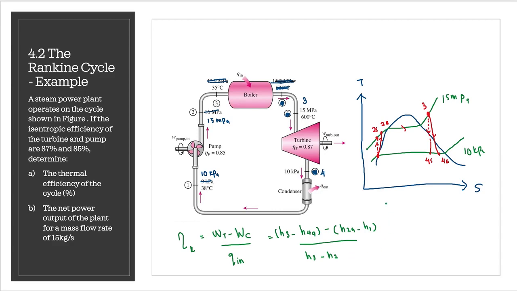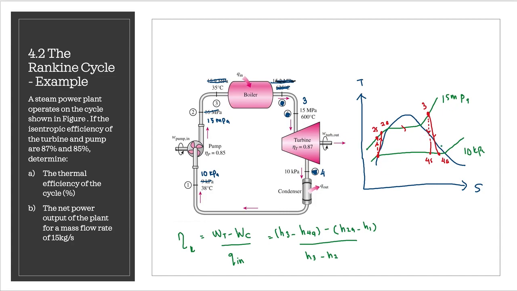Before we proceed, we have to sketch the TS diagram. How to sketch the TS diagram? First thing first, you have to draw a dome because this problem is about a steam. So you draw the dome and we have two pressures involved, 10 kilopascal at the pump and condenser, and 15 megapascal at the boiler and turbine.